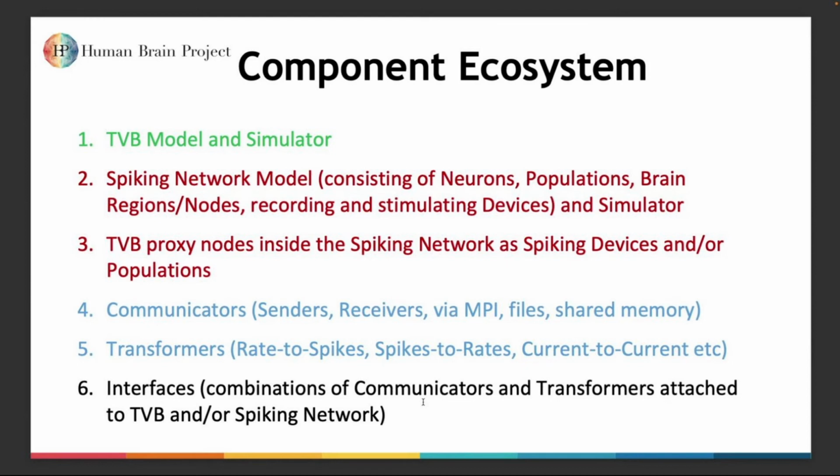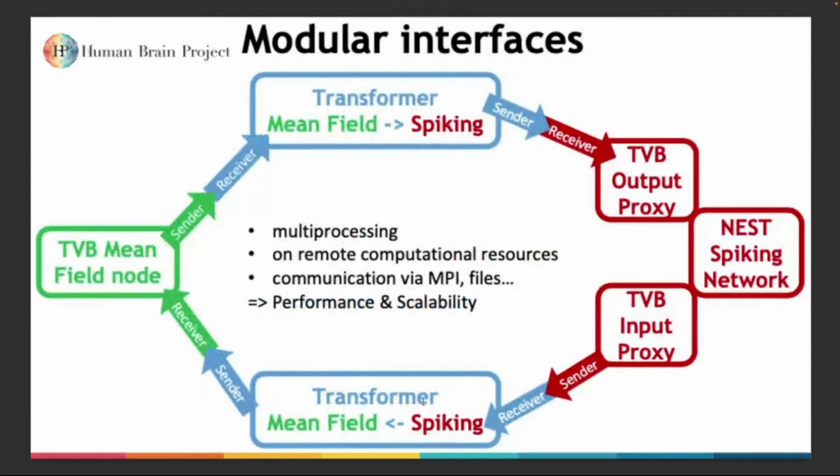Now, all these different components are coded and linked in a modular way, such that people can change one or the other and then link them to the rest. And so that in the future, not yet, unfortunately, we can have multiprocessing and several of these components working on remote resources. This would allow a better performance and scalability of the whole co-simulation.